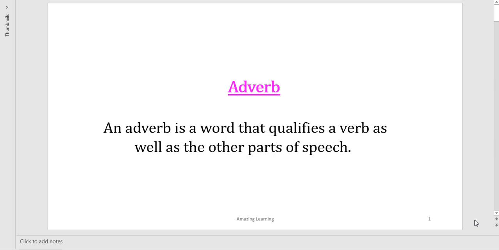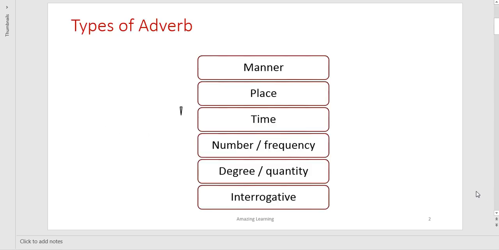It doesn't mean that only the verb can be qualified by the adverb; there are a few other parts of speech which can also be qualified. So let's see the examples.